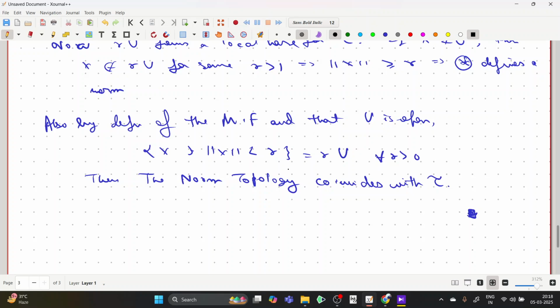We will get to see some problem solving sessions on algebra, and then we might also get a series on measure theory. It might come. If it comes, it will be taken by me itself.